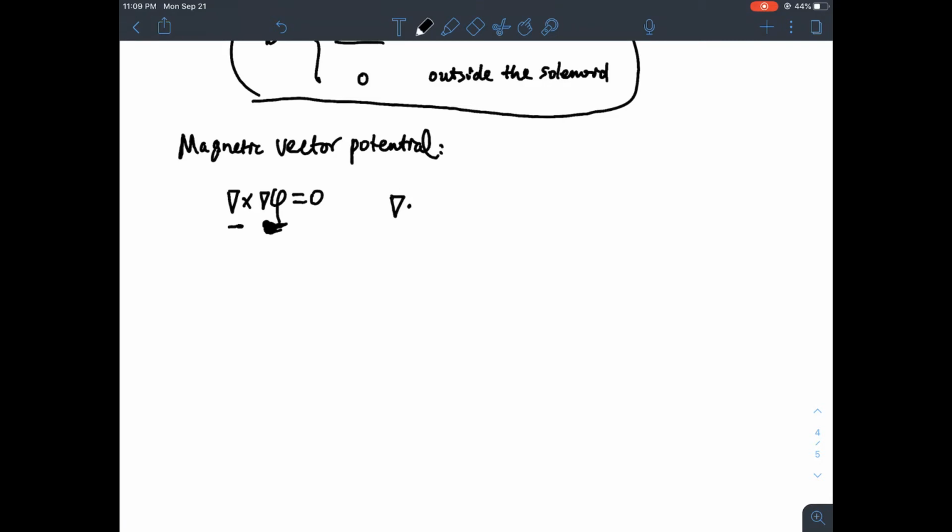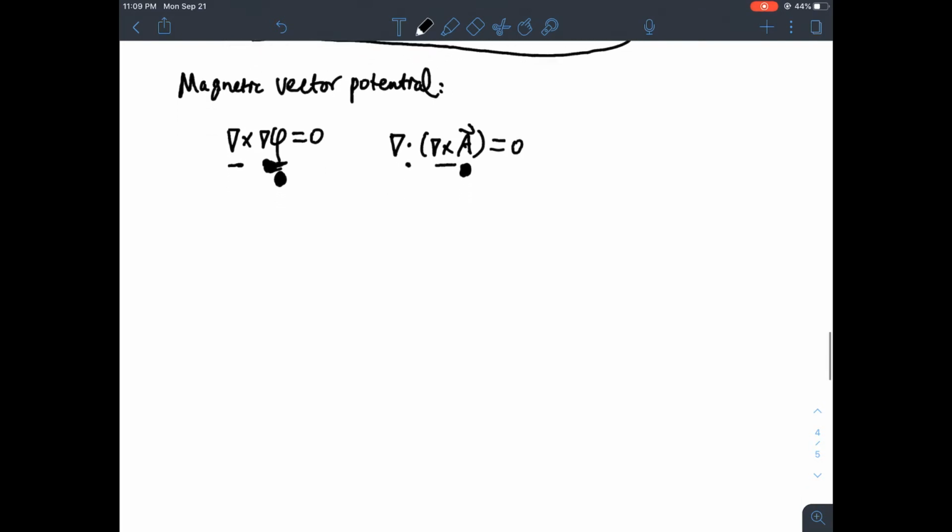And we also showed that for any vector A, the divergence of the curl of this vector A should also equal 0. So it works for any function phi, and here it works for any vector A. This is very general.